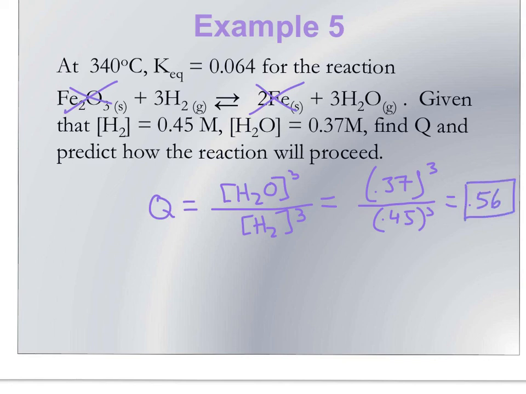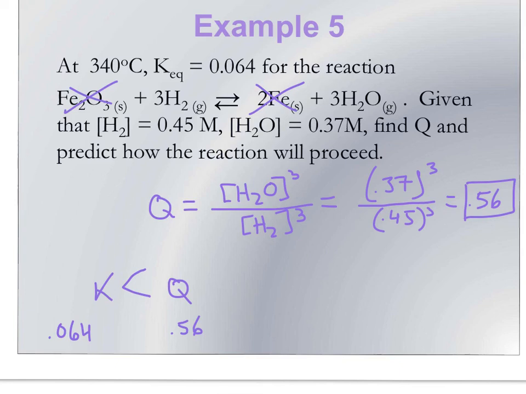And then we are going to compare our K with our Q in order to see which way it proceeds. So our Q we just calculated to be 0.56. Our K is 0.064. And so our K is smaller than our Q. 0.56 is much larger than 0.064, right?